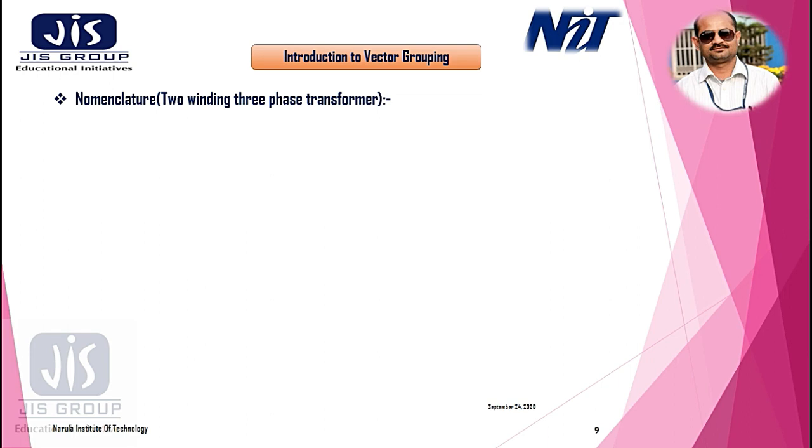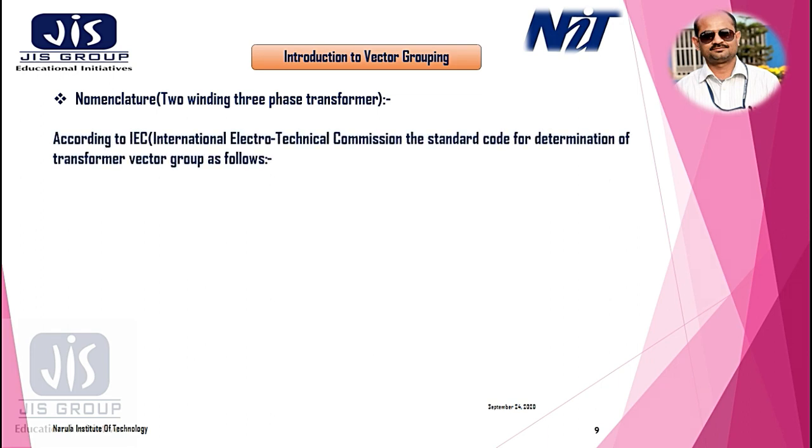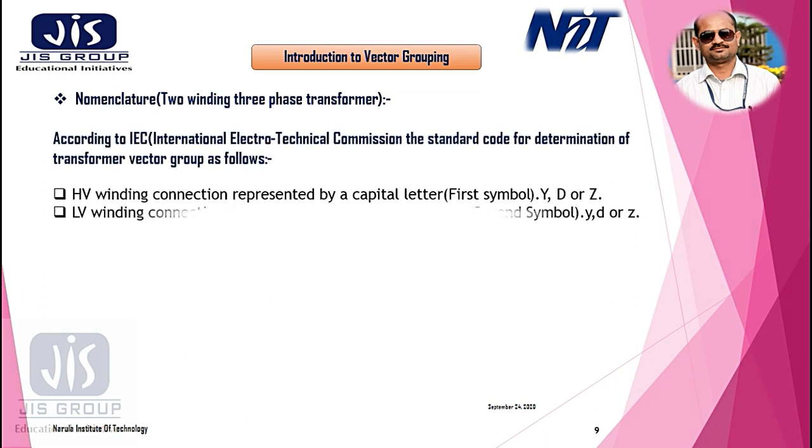Now nomenclature. So this is the nomenclature for a two winding transformer. According to IEC, the International Electrotechnical Commission, there is a standard code for determination of the vector group.